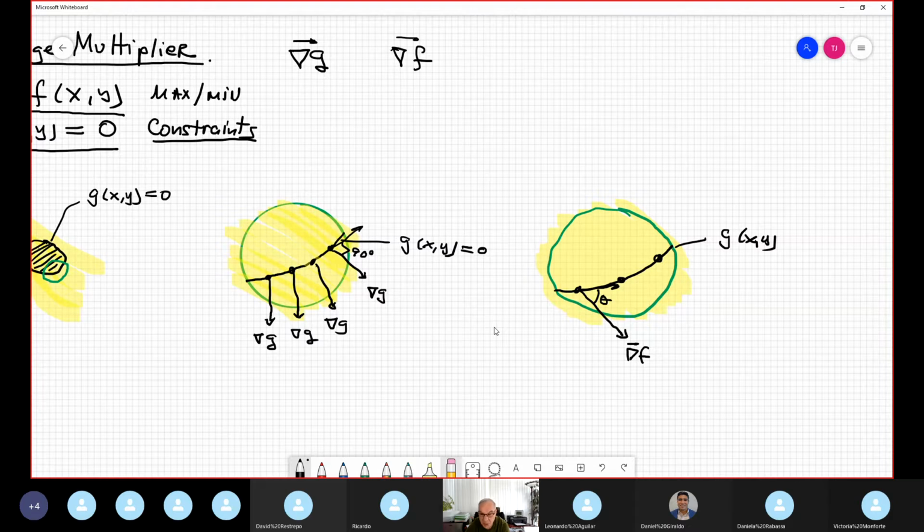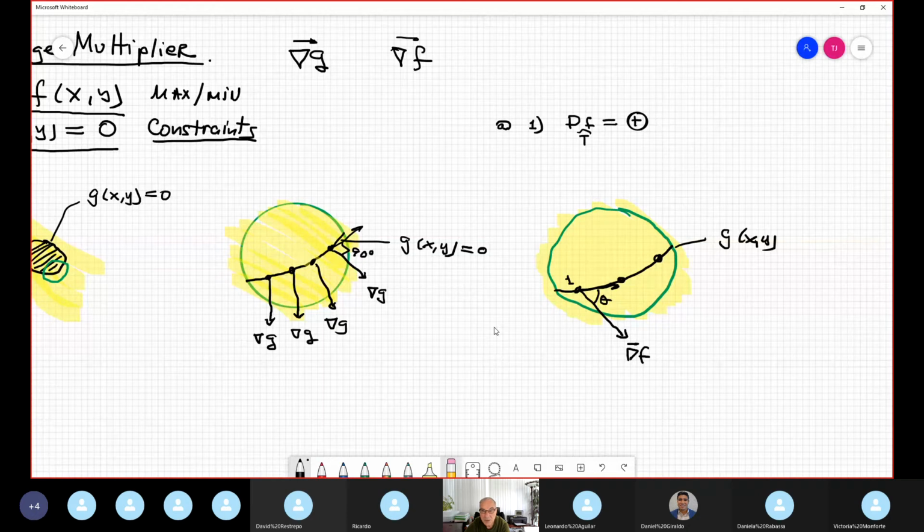Okay, so at this point, which I call point 1, the directional derivative, capital D, of the function f in the direction of the unit tangent vector is positive. Why is it positive?